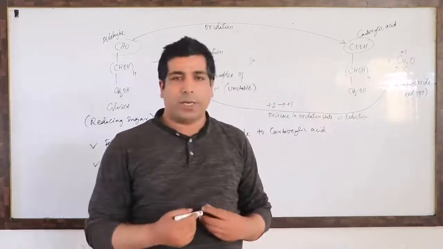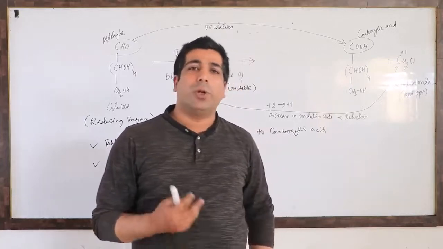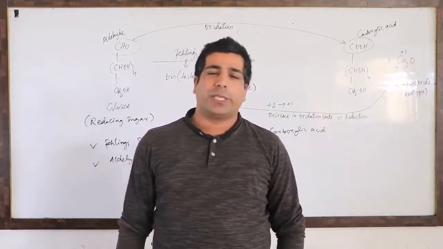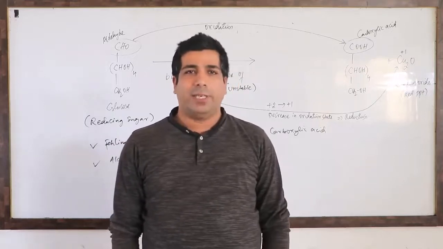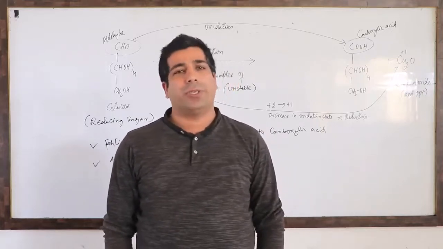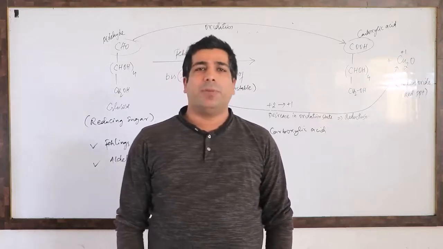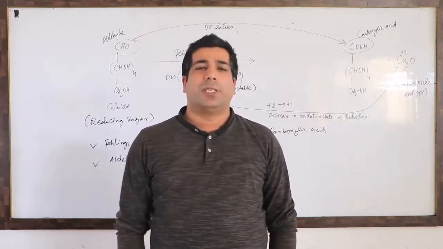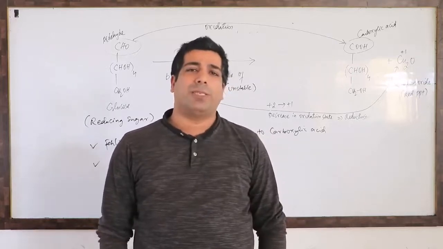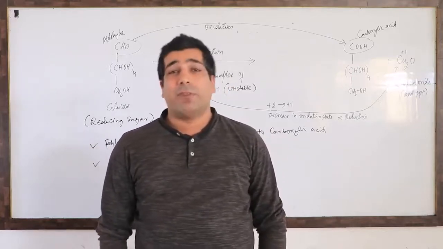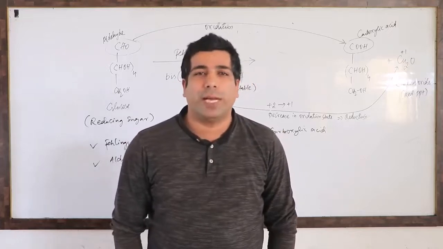I hope you have understood what glucose can do. Glucose can reduce the Tollens reagent. How? It can reduce the silver in Tollens reagent from +1 to 0. Correct? The same glucose can reduce the copper in Fehling solution from +2 to +1. But which part of glucose is doing the magic?